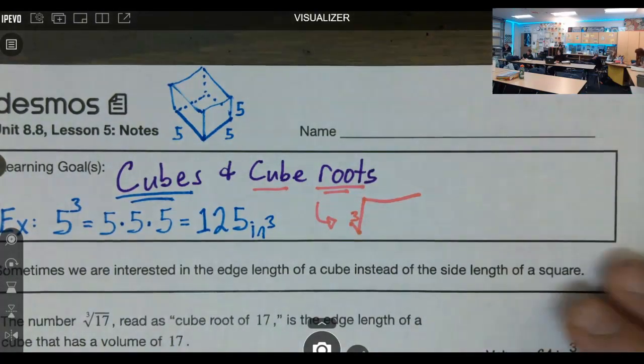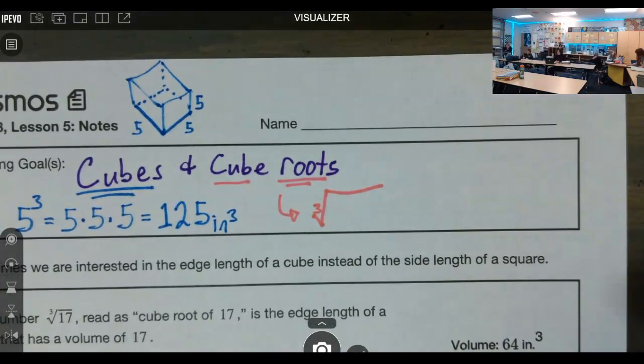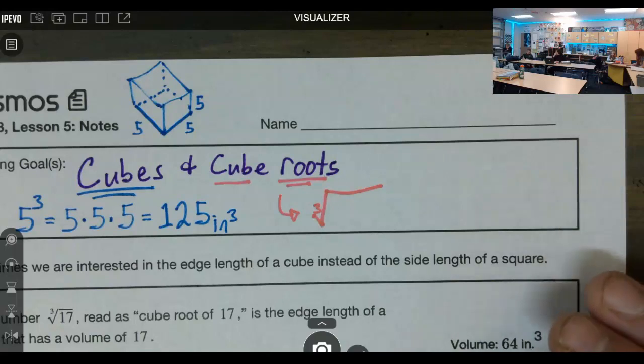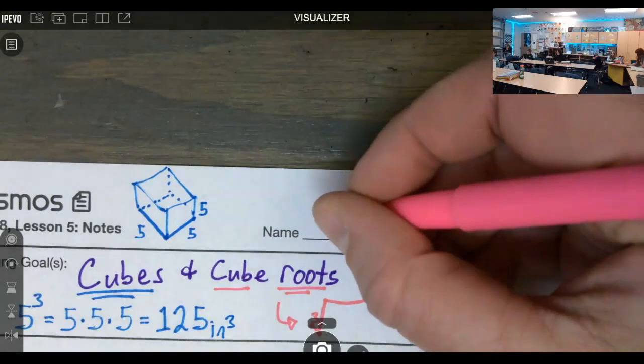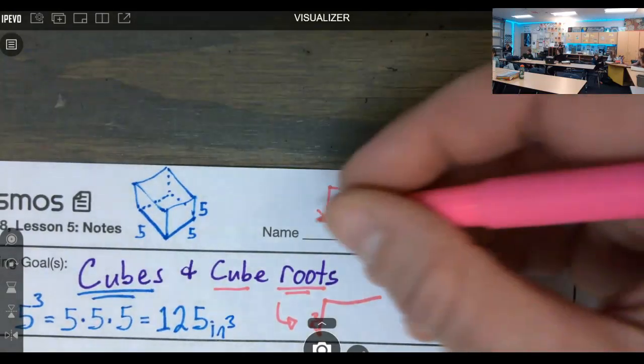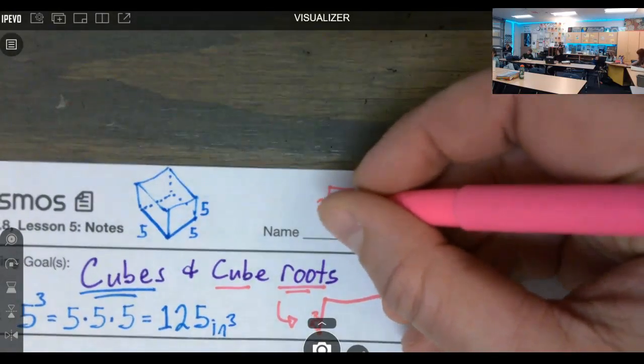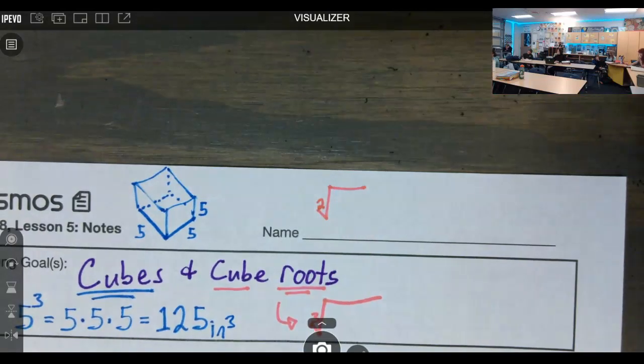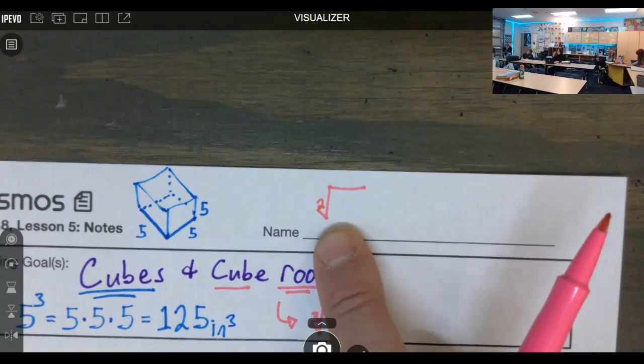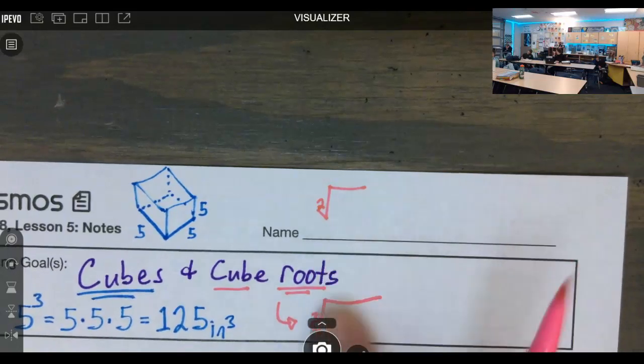And guys, here's one of those things about math that I do not like. There's an assumed 2. If you just draw the square root symbol, it is assumed there's a 2 here. Like if we write x, it's assumed it's 1x. But this is an assumed 2. Once we get to cube root, we have to write the 3.